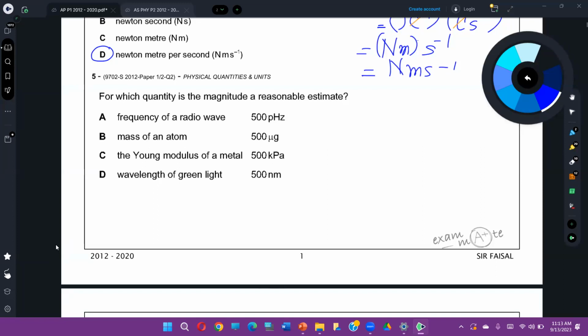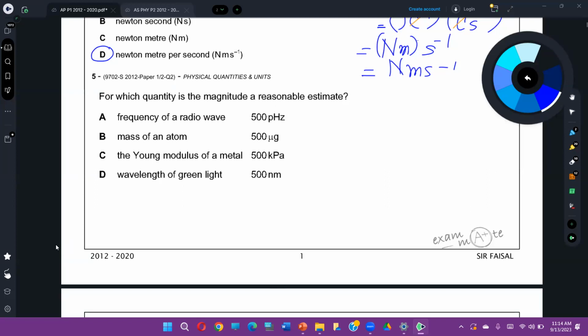Many people feel it has no link. Frequency of a radio wave, mass of an atom, Young modulus of a metal, wavelength of green light. Such questions can be solved by memory, because what is the mass of an atom is very difficult to judge.